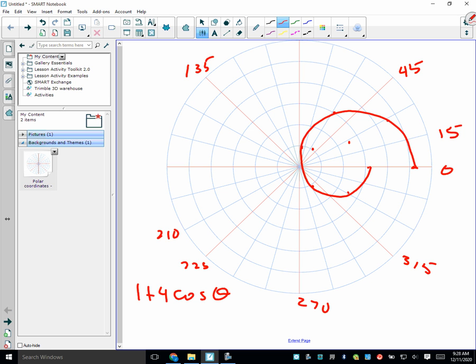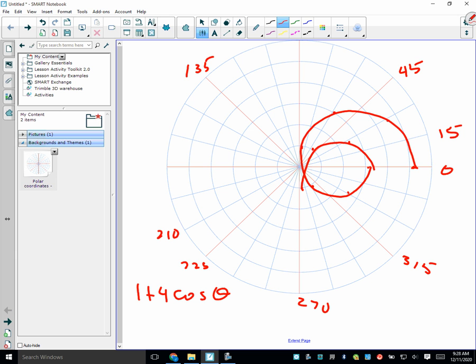Yeah. 90 was 1. So it's symmetrical. Okay. But now I've done this, haven't I? See? Because they have to be connected in the order they're given.